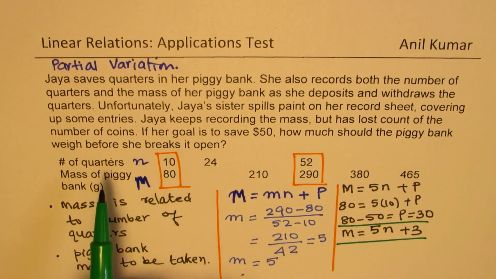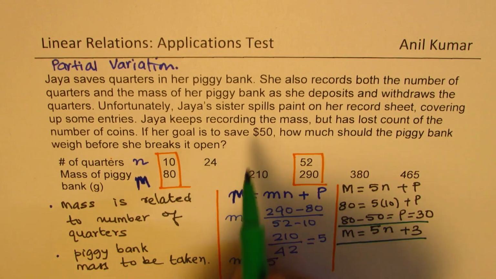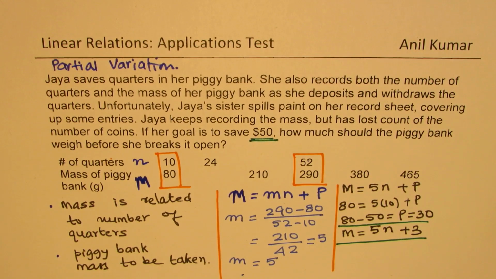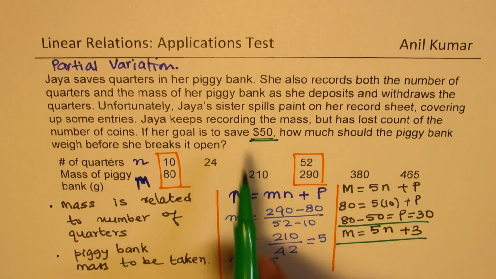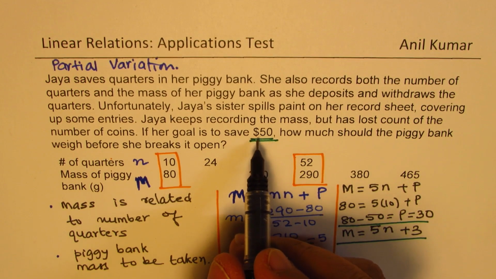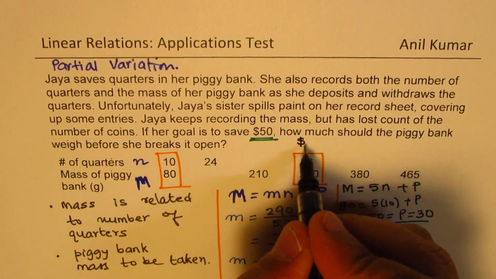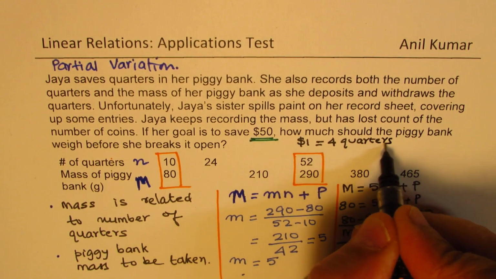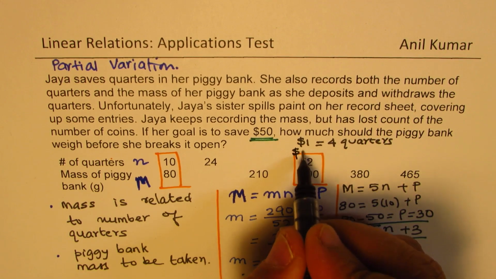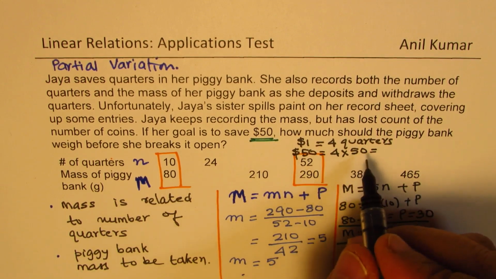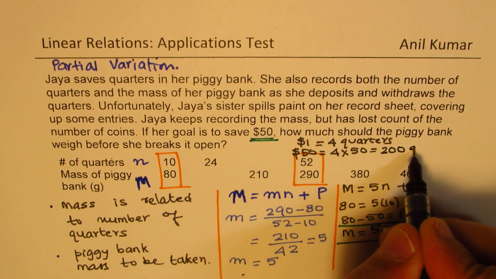Now the question is, if our goal is to save $50, how many quarters do we need? That is what we need to figure out, and we'll place this for n to get the total mass, correct? So let's get back to this. $1 is 4 quarters. So $50 equals 4 times 50, which means 200 quarters.